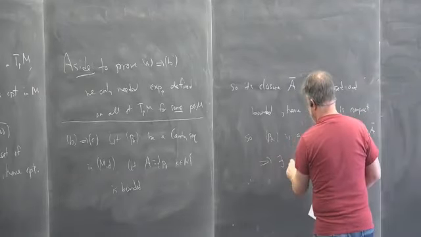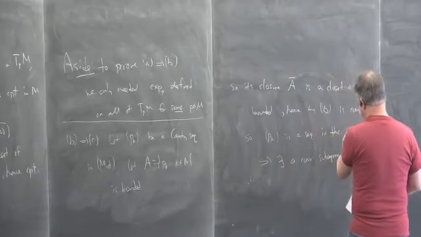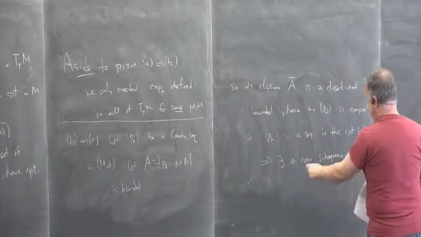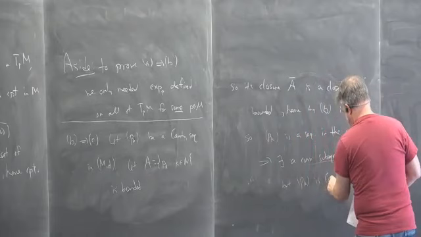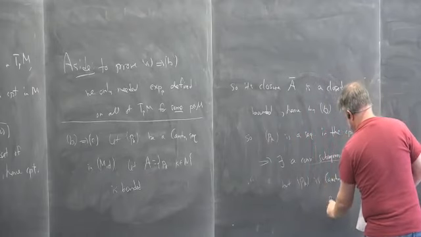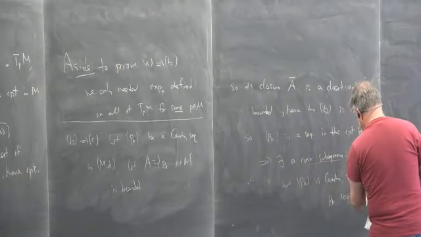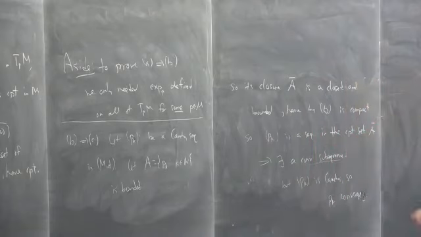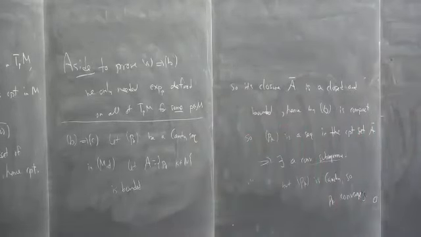This implies there exists a convergent subsequence because a compact set is sequentially compact. But p_k is Cauchy, so p_k converges. Right? If you have a Cauchy sequence that has a convergent subsequence, then that sequence converges and the limit is equal to the limit of that convergent subsequence. Okay, so B implies C. That's just metric space theory, right? That doesn't use any geometry.